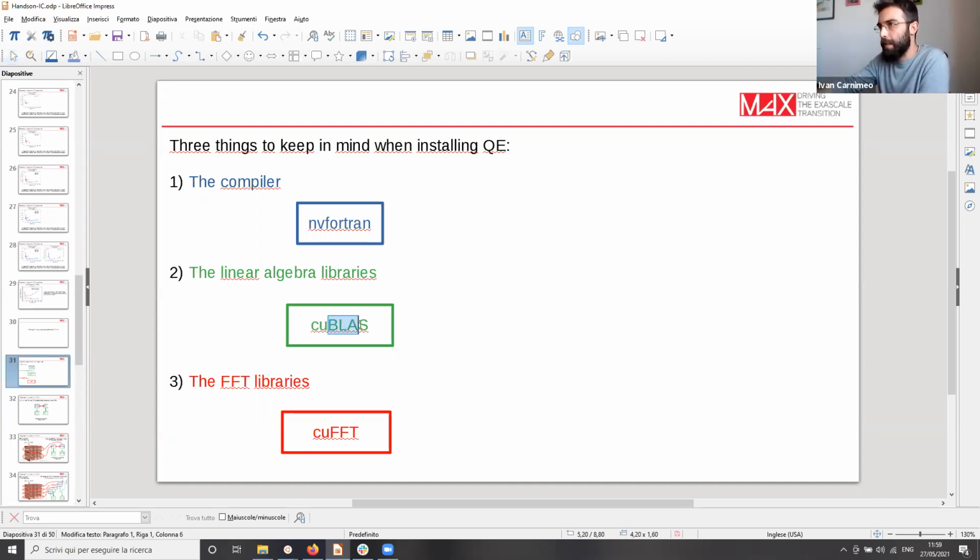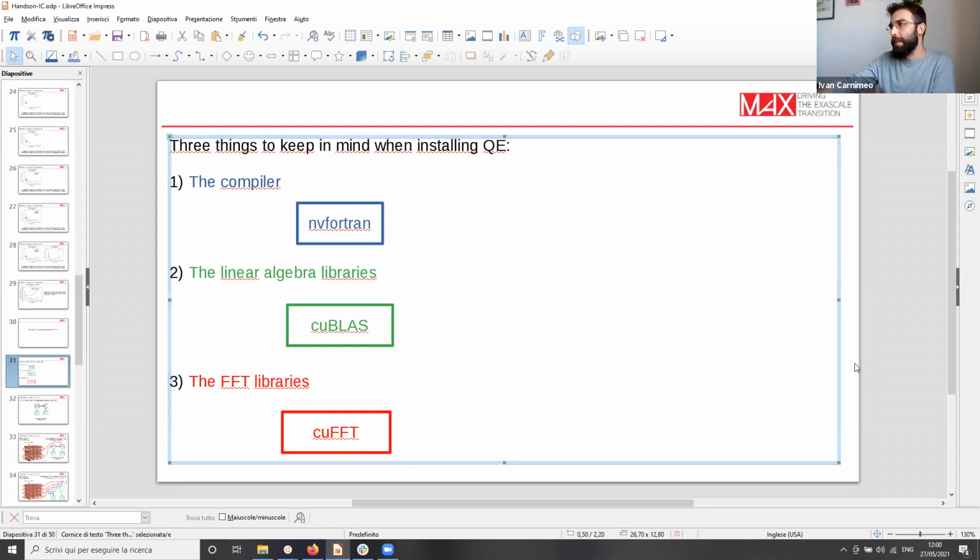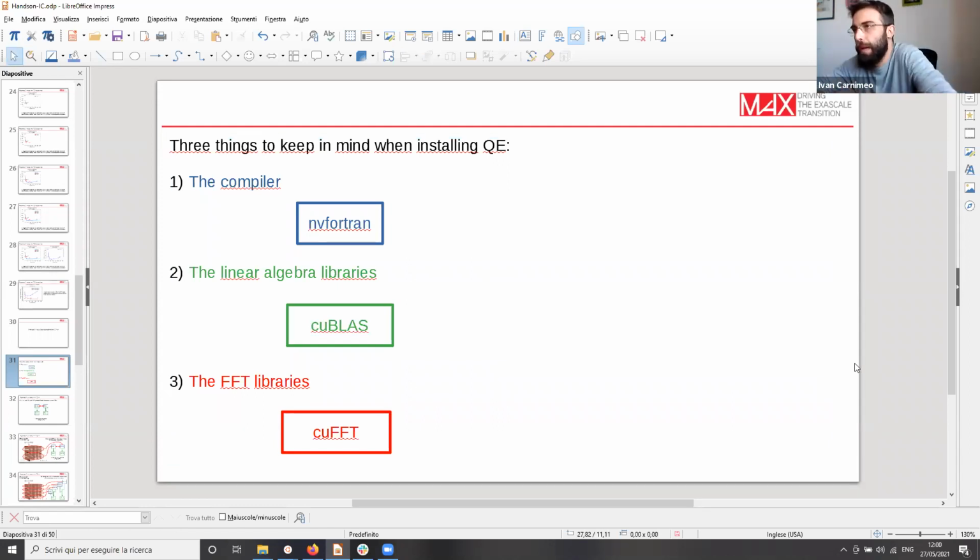So BLAS is the usual name, and they added this cu here. So cuBLAS libraries manage to run the linear algebra calculations on GPU cores, and the same applies for FFT. NV Fortran has its own version of fast Fourier transform library, which is called cuFFT.